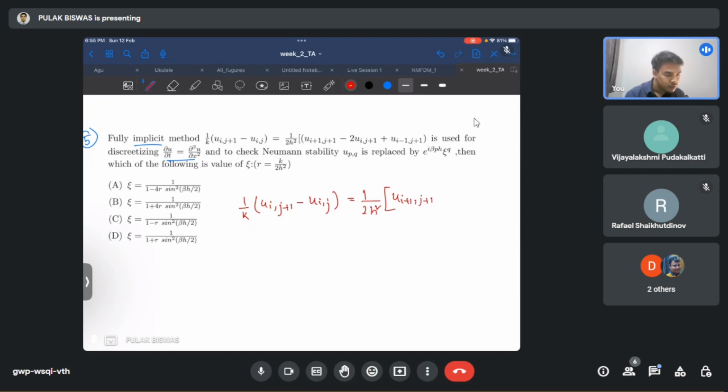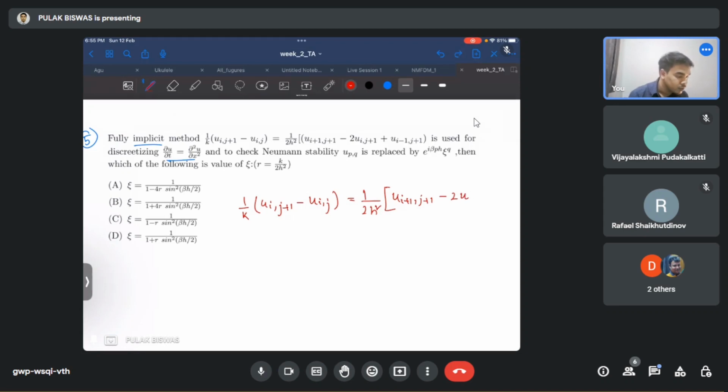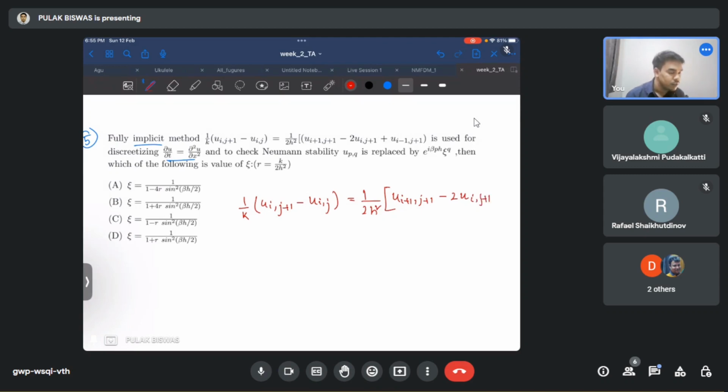yeah, that is why that symbol is a little easier to understand, and this can be used for 2D.